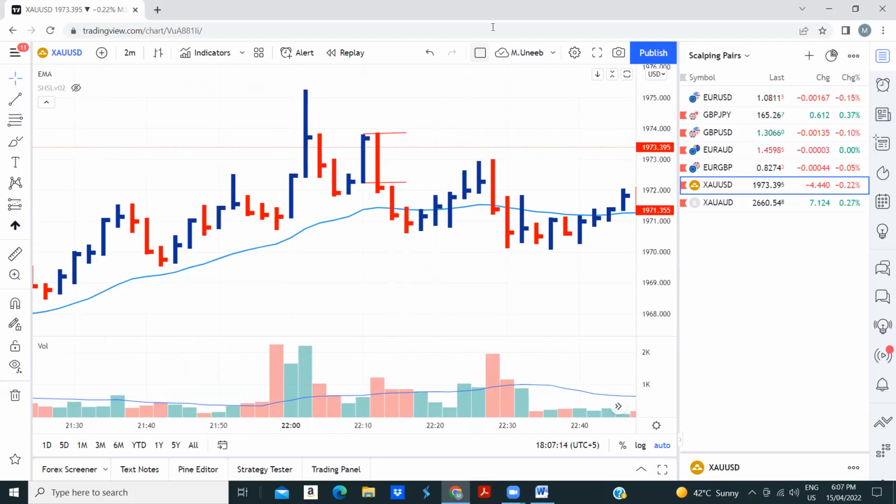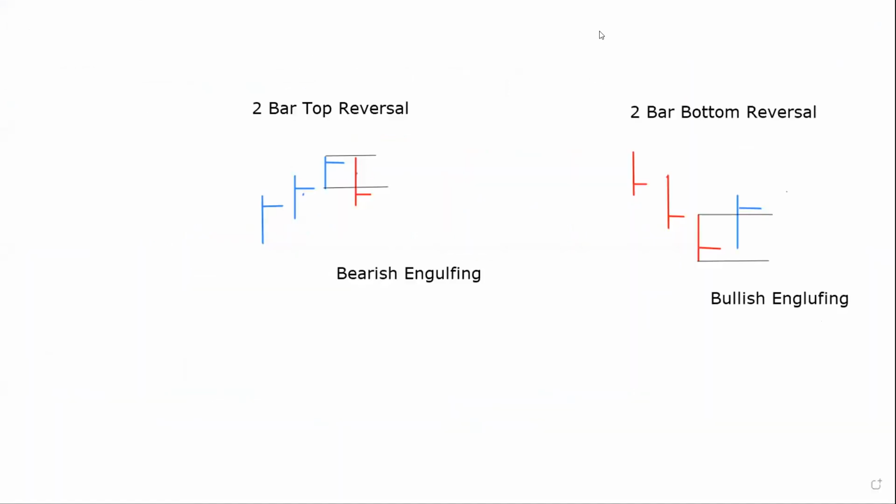Okay. Understand. Now we have another one. Now we are clear about this, right? So we will go for another one. This one we call a key reversal. Key reversal.